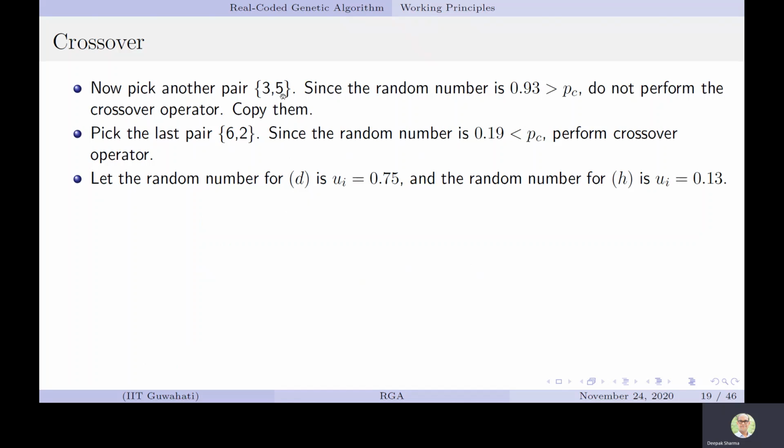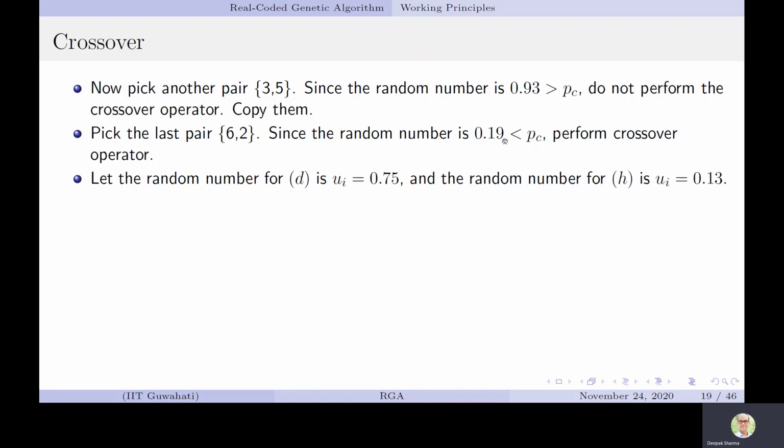Now we pick solutions 3 and 5, and let the random number be 0.93. Since it is greater than the probability of crossover, we do not perform the crossover. In this case, we just copy solutions 3 and 5 as they are. Now pick 6 and 2 for crossover.